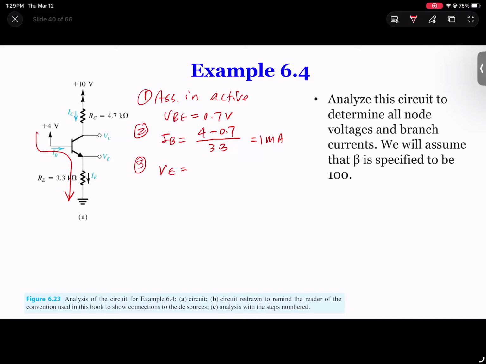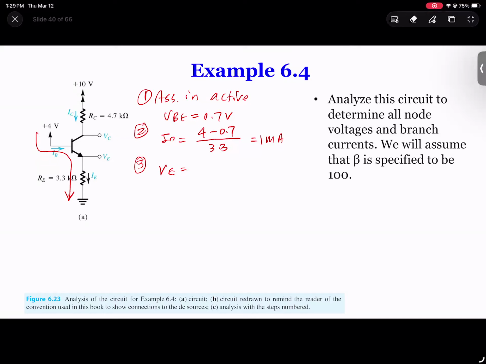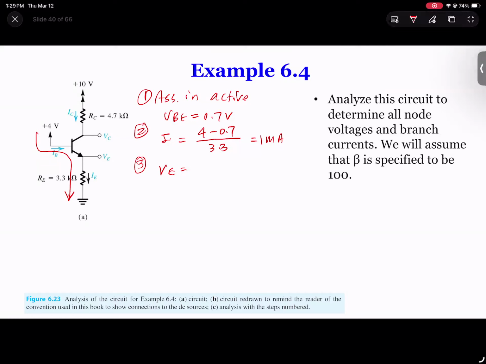No, actually, I did it wrong. Sorry. No, actually, it is right, but I did IB wrong. The current that I calculated is not IB. What is it?